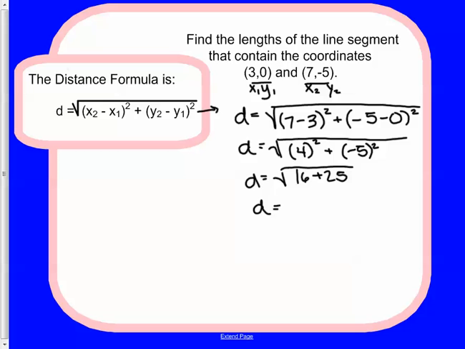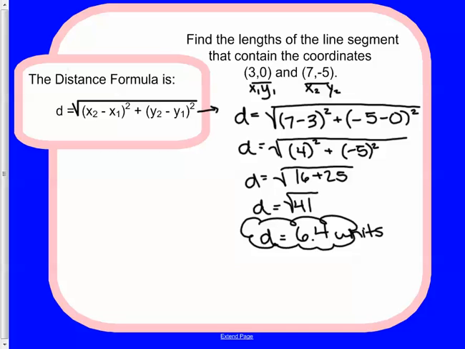And if we add them together, we get 41, again an oddly familiar number, and we are going to find the square root of that. So D, again, equals 6 point, what was it? 4. Thank you, Ginger, my helper. All right, and these are units because we don't have feet or inches or any of that good stuff.